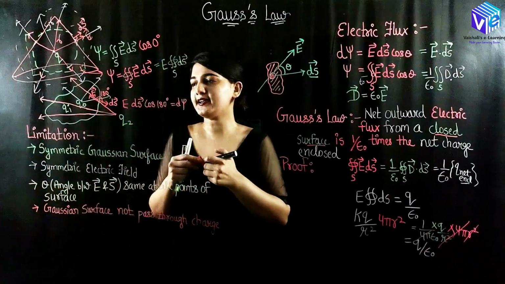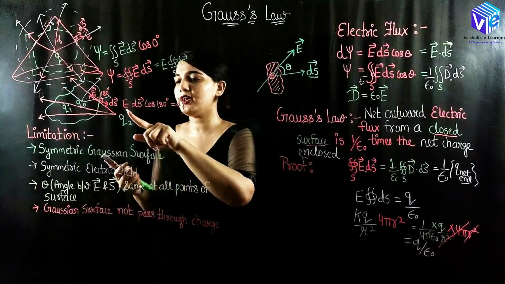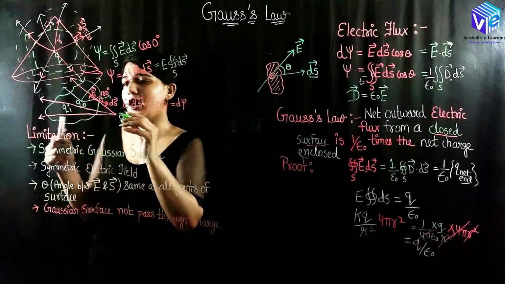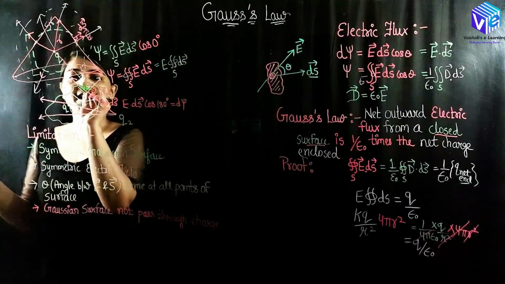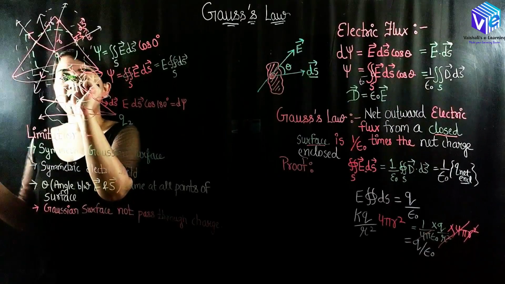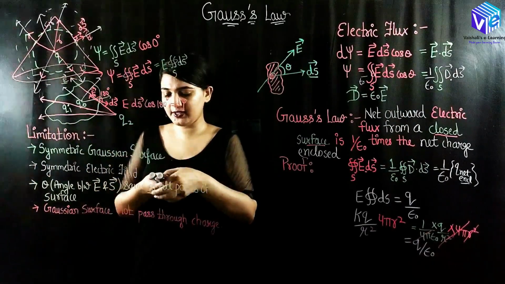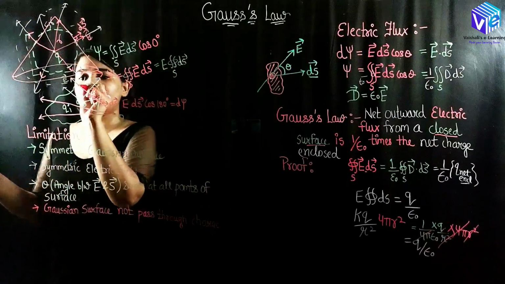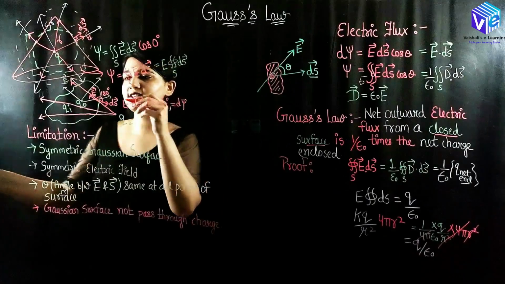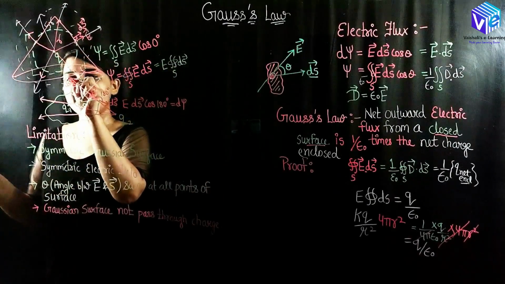So at this point I can find the flux to be E ds cos 180 degrees. Now come to this point. Here this is the direction of the electric field. What will be the direction of the surface vector? The surface vector will be perpendicular to the surface, outward from the surface. So this is my surface vector.